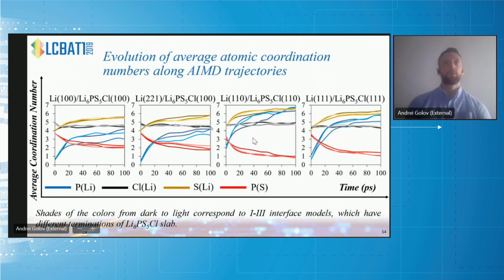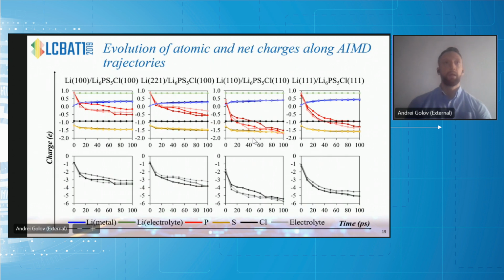During the simulation, we observed significant changes in the local atomic environment. In particular, the number of phosphorus-sulfur bonds monotonically decreased with an increasing number of phosphorus-lithium and lithium-sulfur contacts. This is due to the decomposition of the thiophosphate group and insertion of reduced species into the lithium slab.